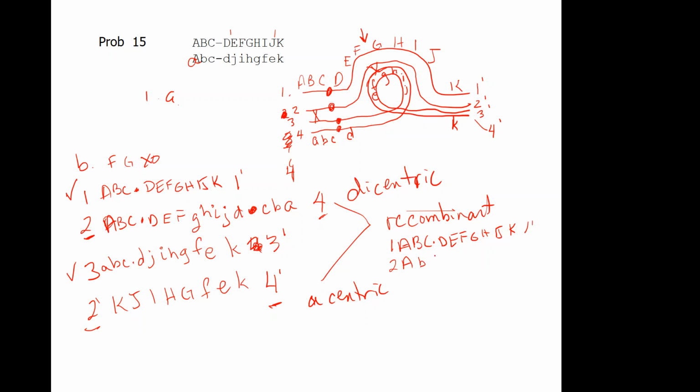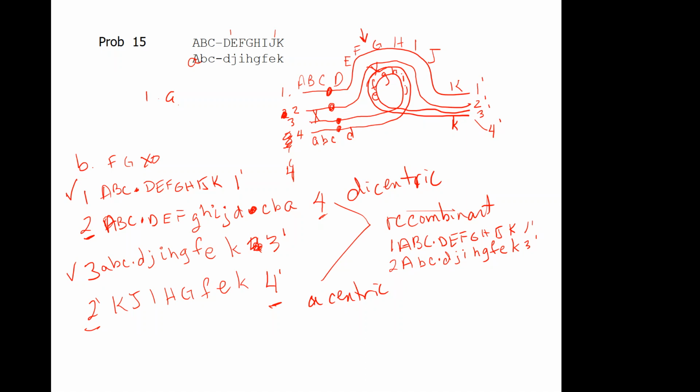And you'll get lower cases, little b, little c, the centromere, little d, and just follow it right on around. J, I, H, G, F, E, K. And you're going to actually come out on 3 prime over here. And that chromosome's fine, just has 1 centromere. It's got all the genes.